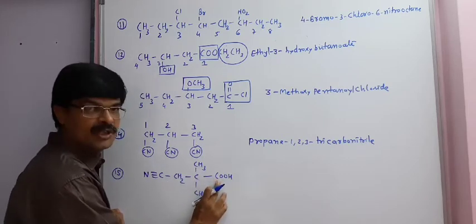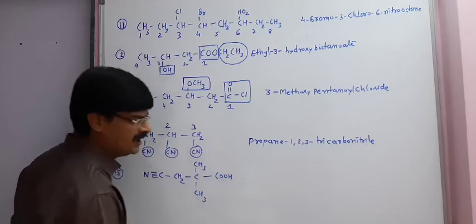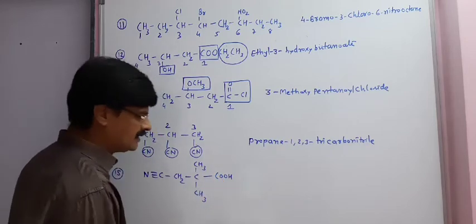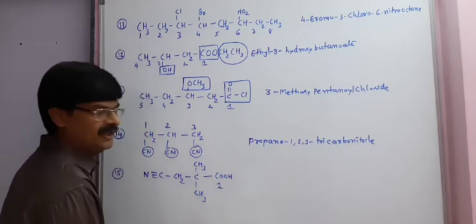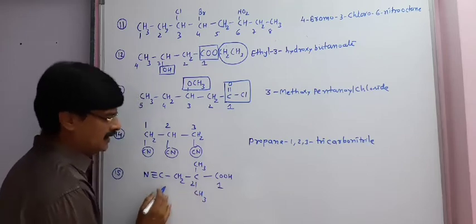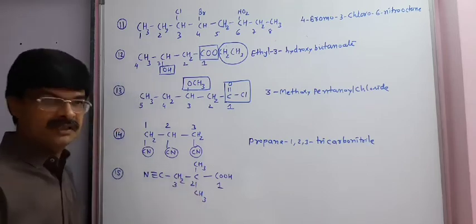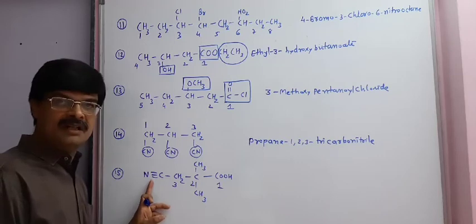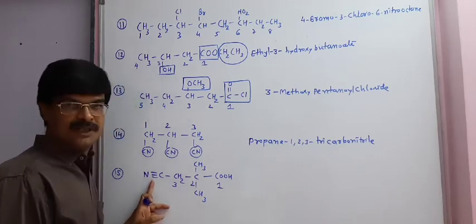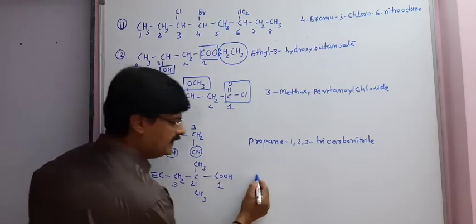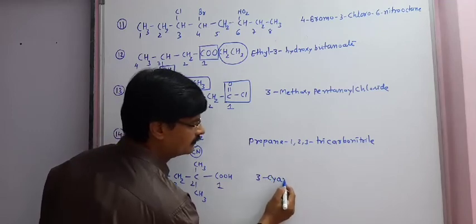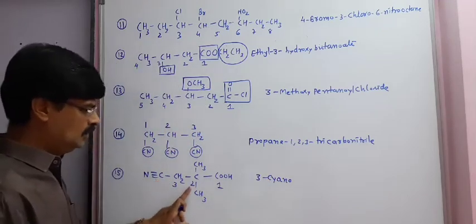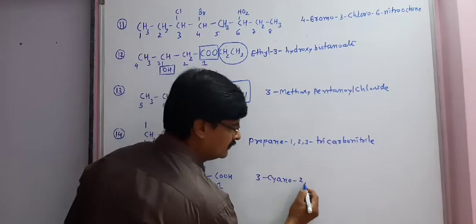Now for the next one, first of all we have a cyanide group, 2 methyl groups are also present, and we have a COOH group. So the priority of the COOH group is highest, that is why carbon number 1 will come here, 2 will come here and 3 will come here, and this cyanide will be considered as a substituent. So 3-cyano, 2,2-dimethyl.